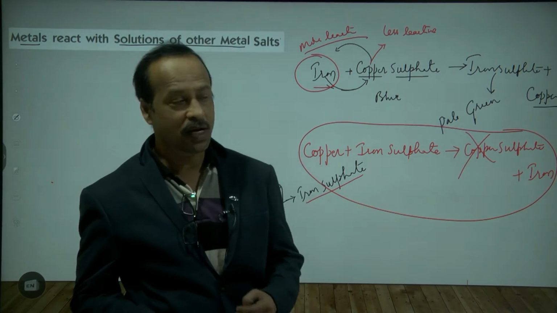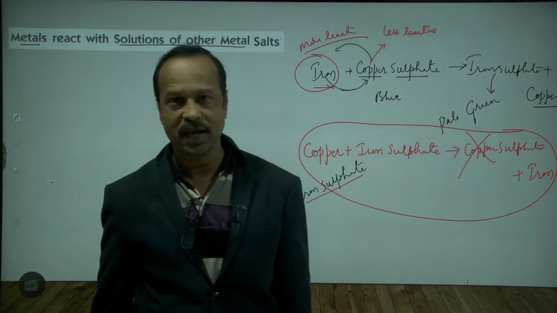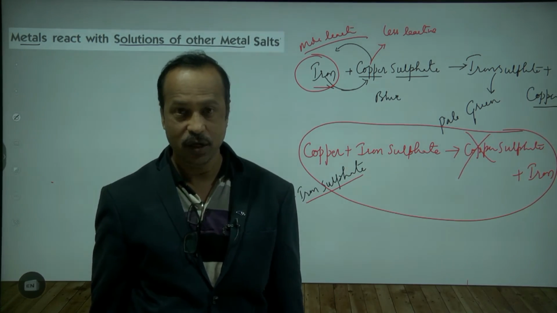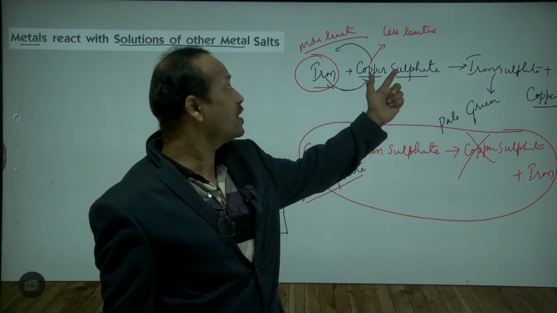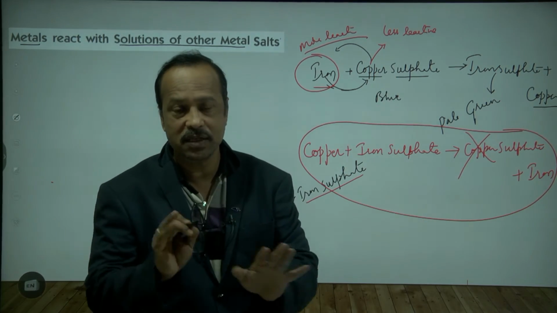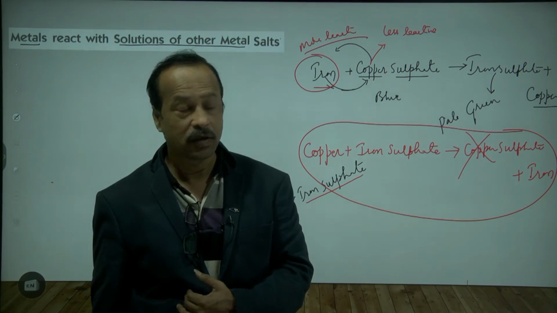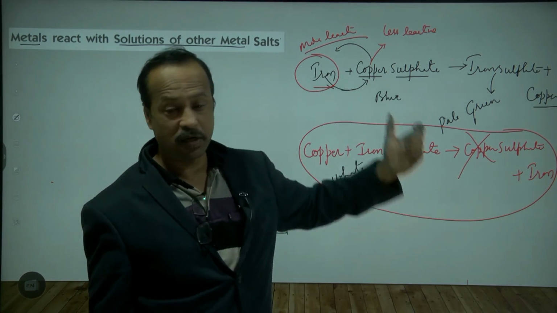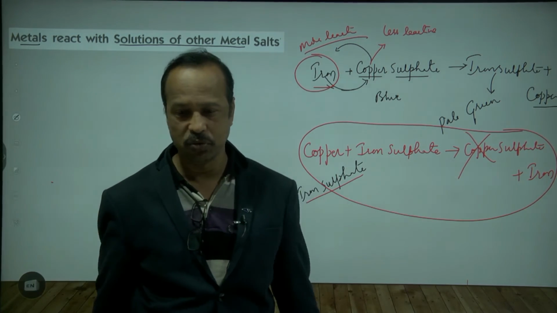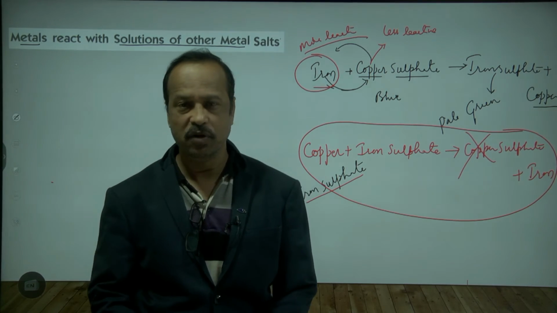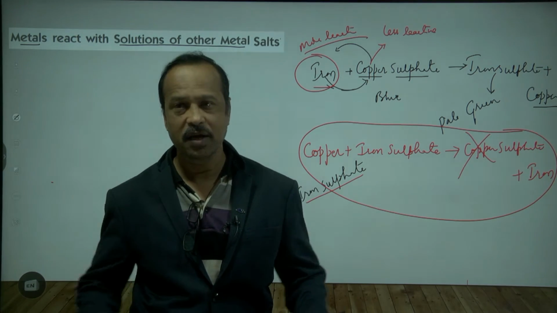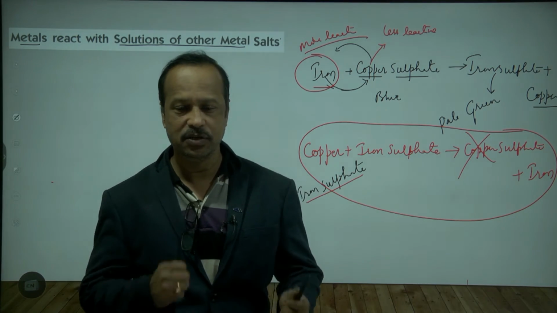A more active metal displaces a less reactive metal, but a less reactive metal does not displace a more reactive metal. Is this clear to you? A more reactive metal means like one active boy, you think, like Avinash. Avinash is an active boy, very interested in studies and active.